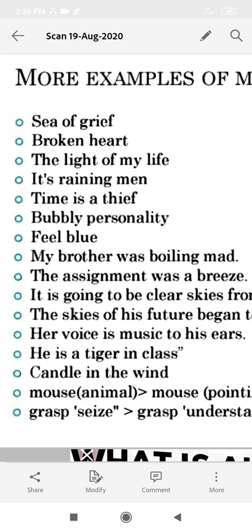So she is compared with light. ઓકે, એ લાઇટ જ છે. બરોબર, લાઇટ જેવી નથી પણ લાઇટ જ છે એવું કહેવામાં આવે. સો ઇટ ઇઝ મેટાફોર. ઇટ્સ અ રેઇનિંગ મેન. આ જે છે એ રેઇનિંગ મેન છે. રેઇનિંગ જેવું મેન નથી બટ રેઇનિંગ મેન છે. સો ઇટ ઇઝ મેટાફોર. ટાઈમ ઇઝ અ થીફ. ટાઈમ એ થીફ જેવો નથી, ચોર જેવો નથી ટાઈમ, બટ ટાઈમ એ ચોર જ છે. ઓકે, સો ઇટ ઇઝ કોલ્ડ ટાઈમ ઇઝ અ થીફ. સ્ટ્રોંગ કમ્પેરિઝન. ટાઈમ એ થીફ જ છે. ઓકે, સો it is metaphor.